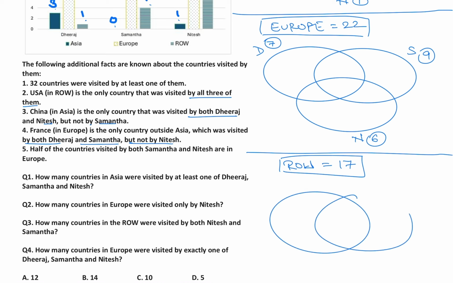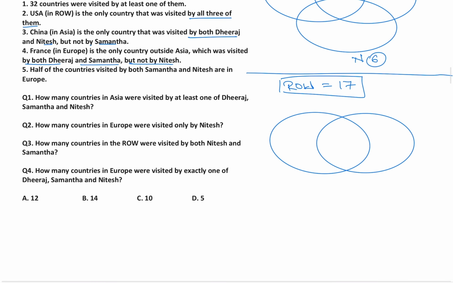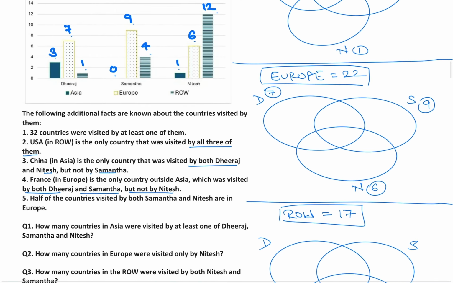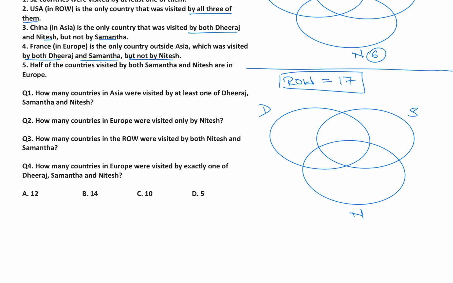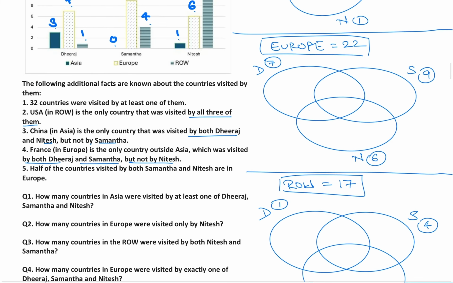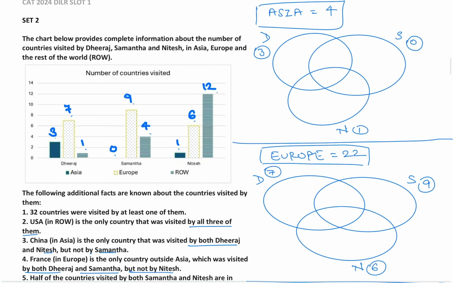The Venn diagram for this, Dheeraj, Samantha, and Nitesh with D, S, N. Now, Dheeraj visits 1 country from the rest of the world. Samantha visits 4 and Nitesh visits 12. So this is 1, this is 4, and this is 12. Okay, so we have 3 Venn diagrams here. Now, let's fill the data.